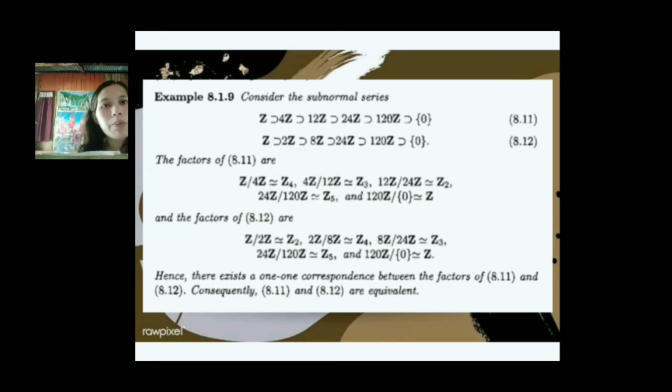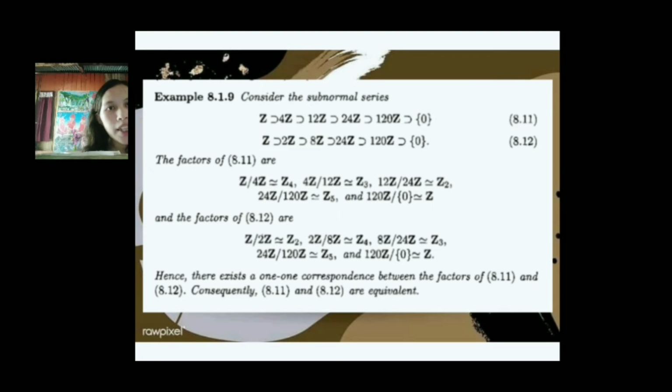The factors of 8.11 are Z/4Z = Z_4, 4Z/12Z = Z_3, 12Z/24Z = Z_2, 24Z/120Z = Z_5, and 120Z/{0} = Z.